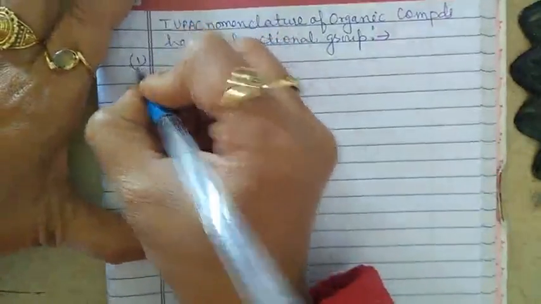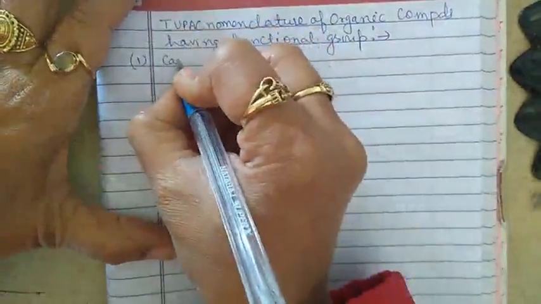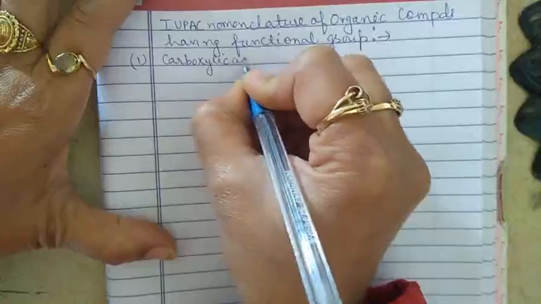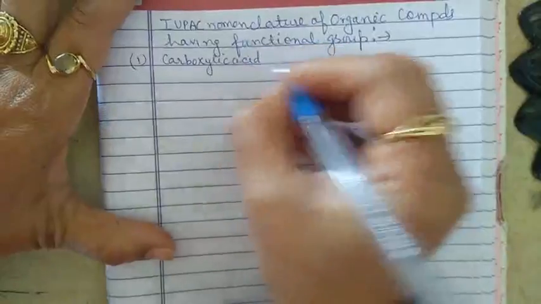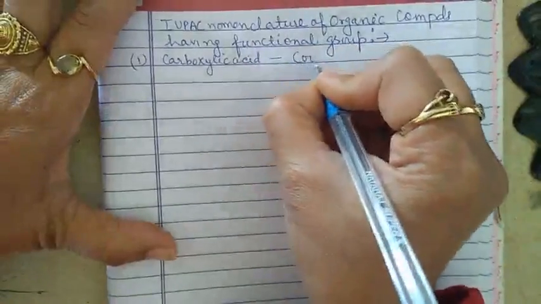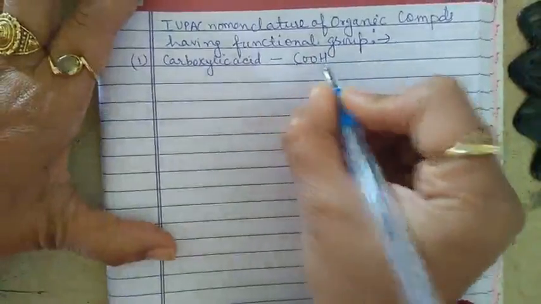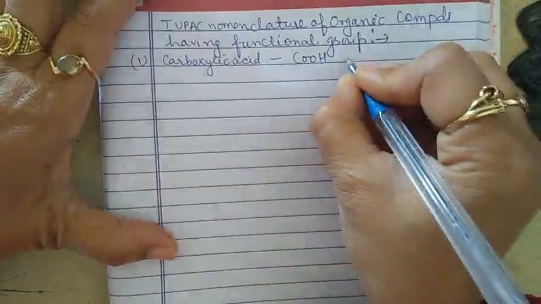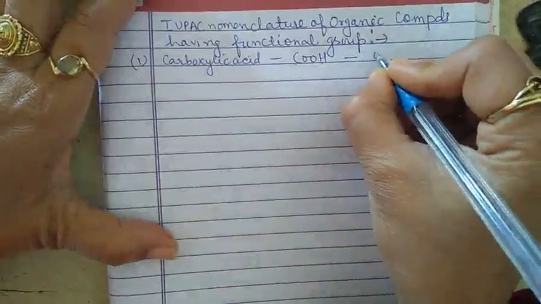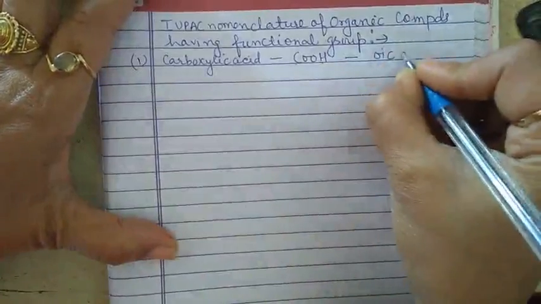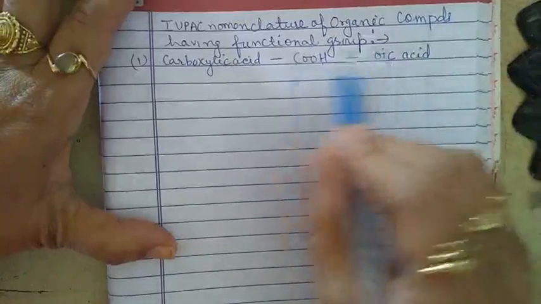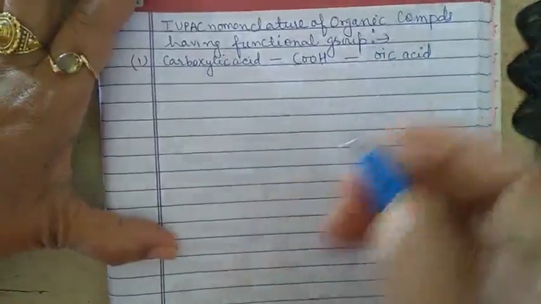So the first functional group is carboxylic acid. For that we use COOH, and the suffix used is oic acid. Oic acid is the suffix for the carboxylic acid.